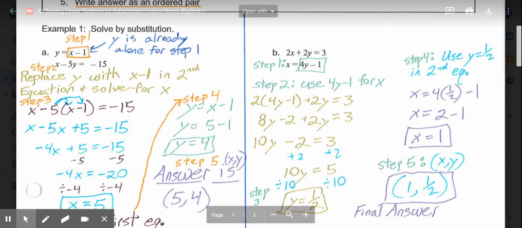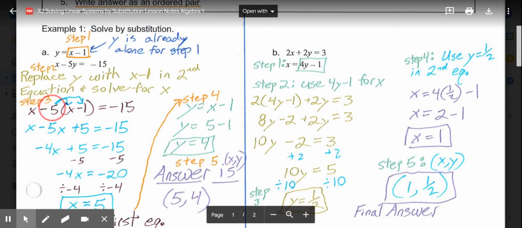So that equation would become x minus 5 times the quantity x minus 1, because y has now become x minus 1, and that is equal to negative 15. So we have to use the distributive property with the negative 5 here. Negative 5 times x is minus 5x.